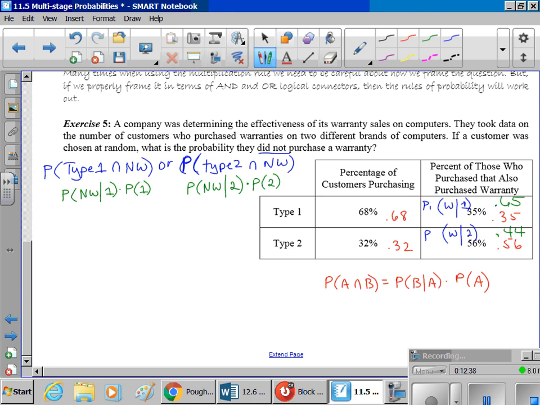So the probability of no warranty on computer 1 is 0.65 times the probability of picking type 1 computer is 0.68, plus the probability of no warranty given computer 2 is 0.44 times the probability of picking computer 2, which is 0.32. Put that whole thing into your calculator and you get 0.5828.